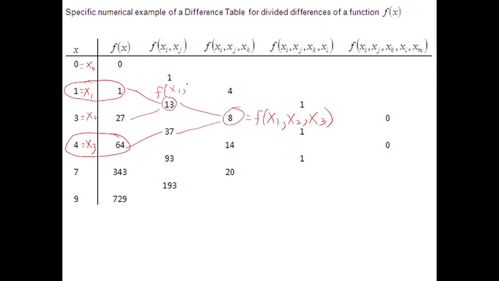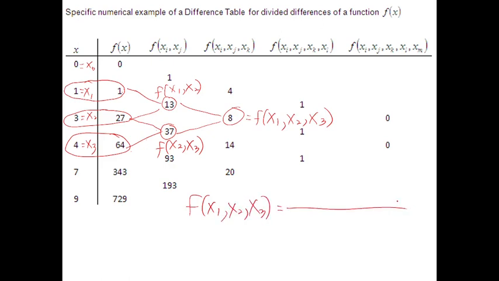So this is f of x sub 1, x sub 2. And then 37 has something to do with x sub 2 and x sub 3. So this is f of x sub 2, x sub 3. So f of x sub 1, x sub 2, x sub 3.